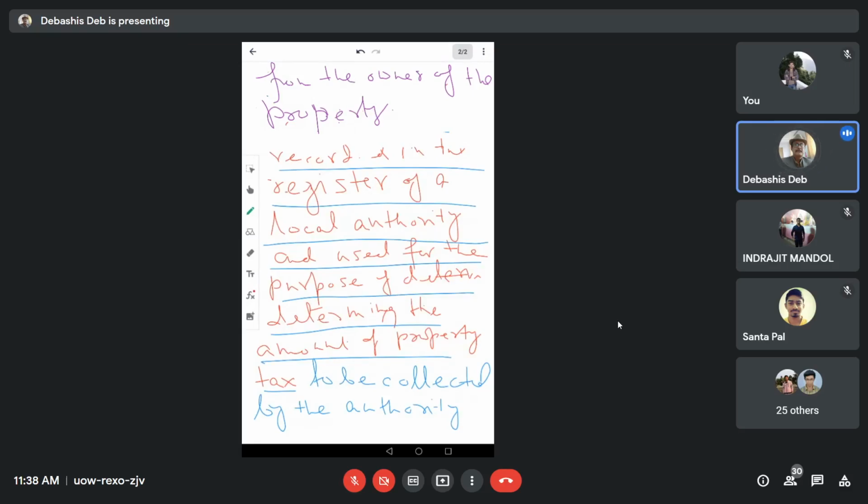Now, the government initially, say 40 years back, they used to collect the property tax on the basis of your declaration. If I declare that my asset value is 20 lakhs, they will be collecting at a certain percentage of 20 lakhs. Thereafter, they came to know that there are so many people who are hiding their property value. A person having a property of 1 crore is showing the property value of just 20 or 30 lakhs.